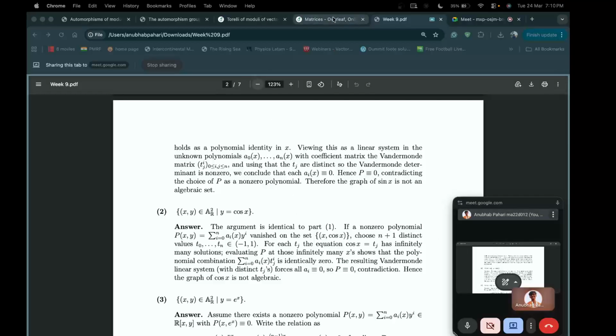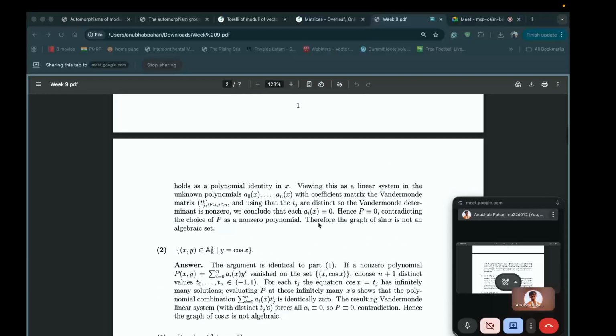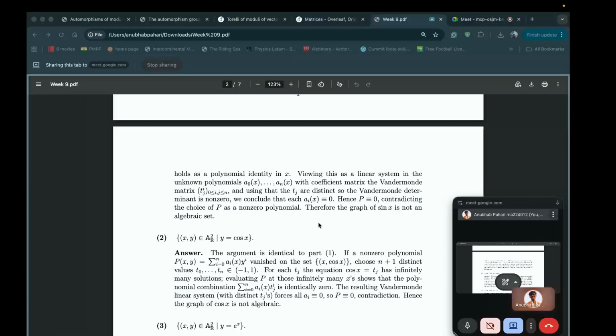Okay, so let us start solving this. As of now you can understand that the argument is identical to part 1. If a non-zero polynomial p, which equals the sum of a_i(x) y^i, vanished on the set (x, cos x), choose n plus 1 distinct values t_0 to t_n from -1 to 1.